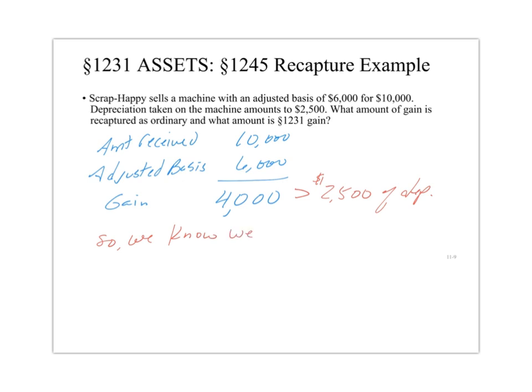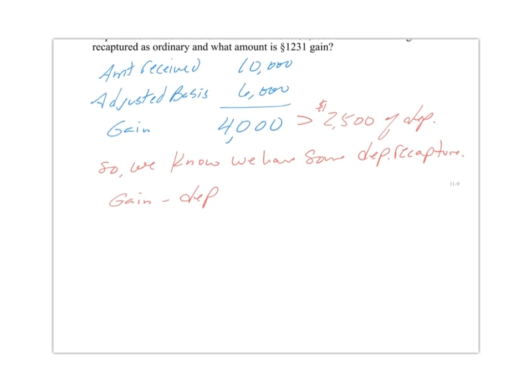So we know we have some depreciation recapture. Okay, how much depreciation do we have to recapture? Well, let's look at our gain minus depreciation. So our gain is $4,000 minus $2,500.